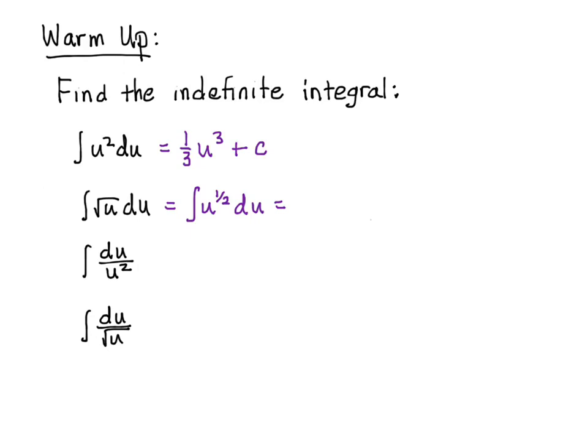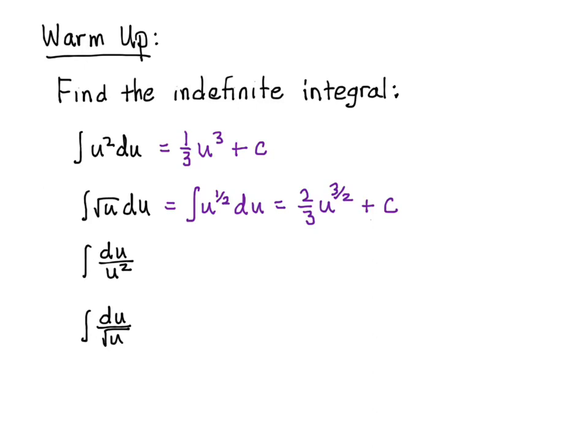So we have u to the 1/2, and now we can just use that regular power rule kind of antiderivative. So we take 1/2 and we add 1 to it, we get 3/2, and then we'll take the reciprocal of 3/2, which is 2/3, and make that the coefficient, and then we add c to it.